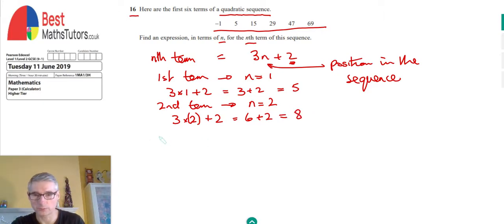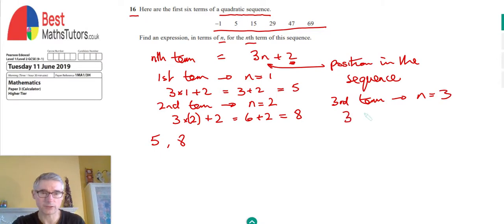So we started to build up a sequence here of numbers. We've got 5, 8, and if we did the third term, n would equal 3. And so we just substitute that into the formula. So we'd have 3 times 3 now, because n is 3, plus 2.